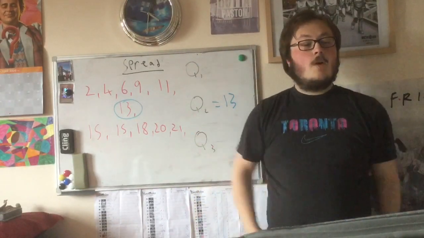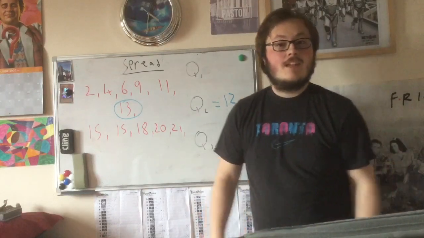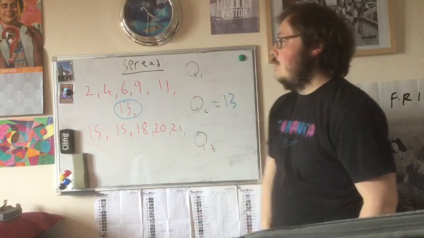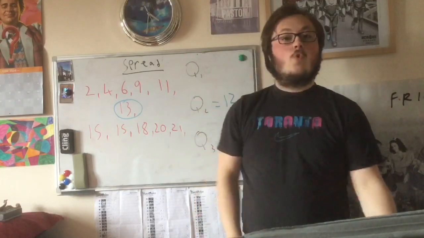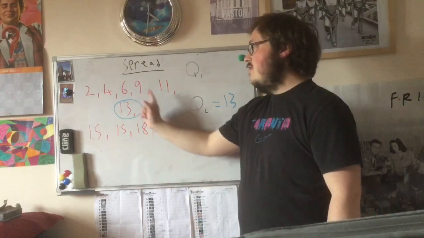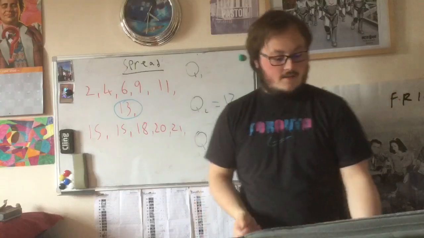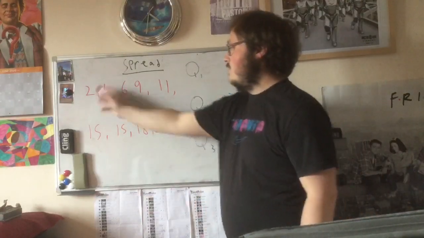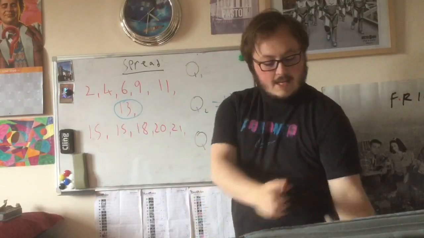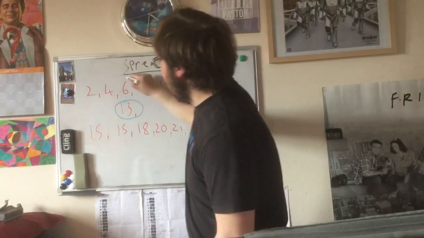So all you have to do to find one of the quartiles is just do what you usually do when finding the median. Now, Q1 represents the first quarter of our data. For this, we're going to have to go to this side of our median, which is where it starts. And we do our crossing out, until we get to the number slap bang in the middle of that half of the data set.